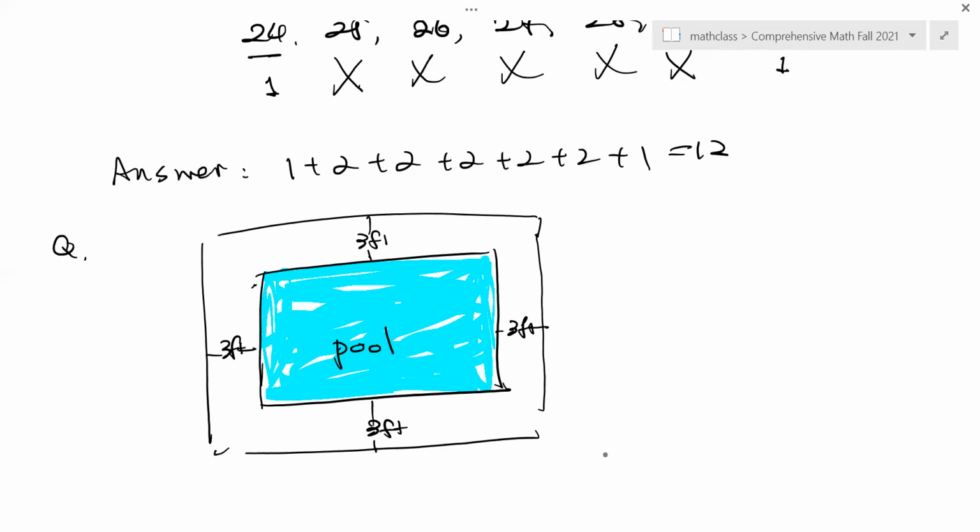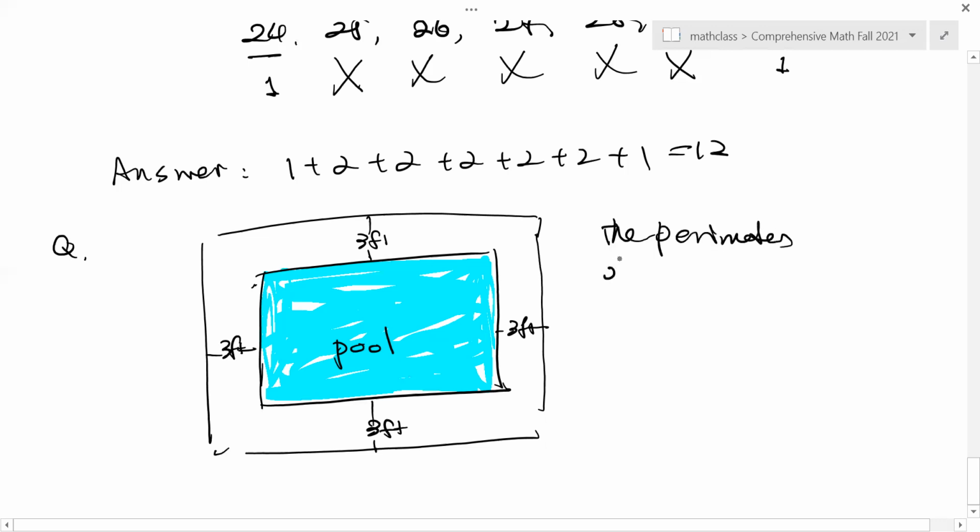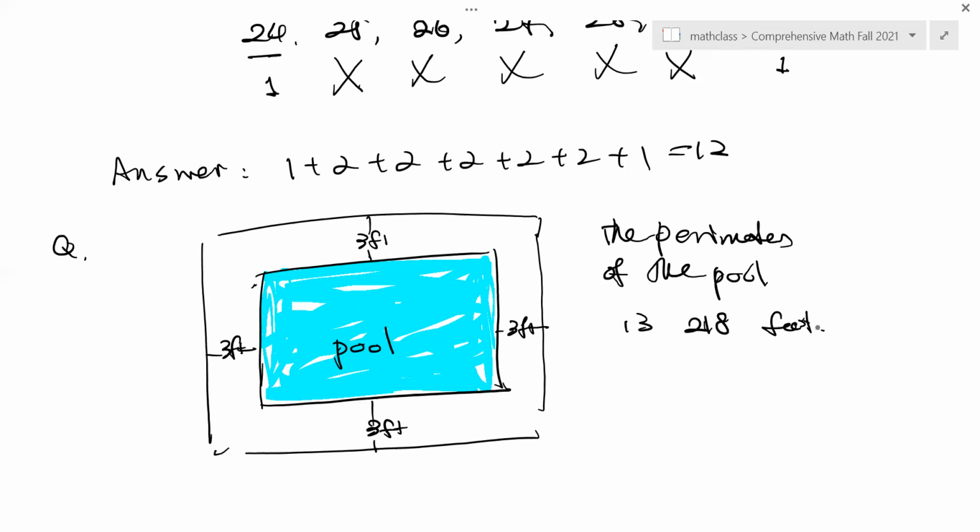But what you remember is that the perimeter of the swimming pool is 218 feet, because that's on the record.